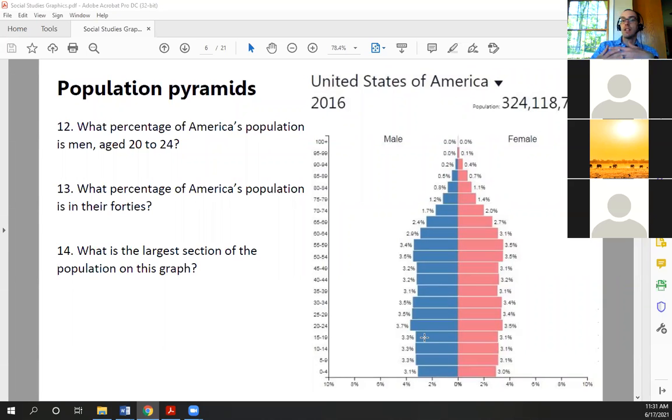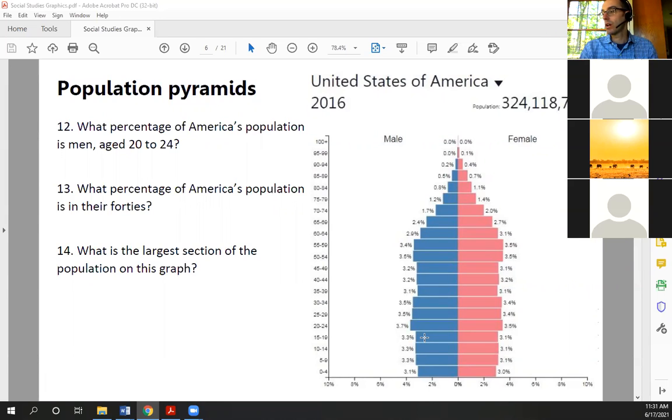If you were somebody who needed to know this information, you could learn about your history, right? If there was a big war 10 years ago that killed all the young men in your country, that's going to look a little bit different. Or if people start having a lot more children or a lot fewer children, that's going to show up in this type of graph.